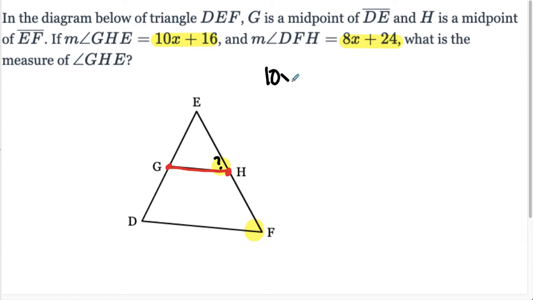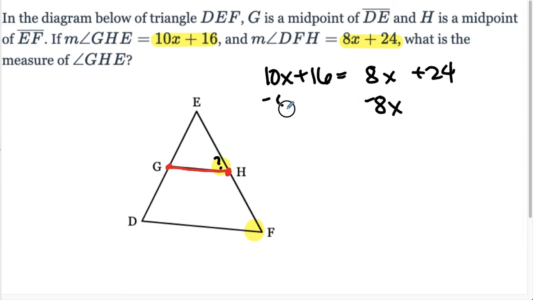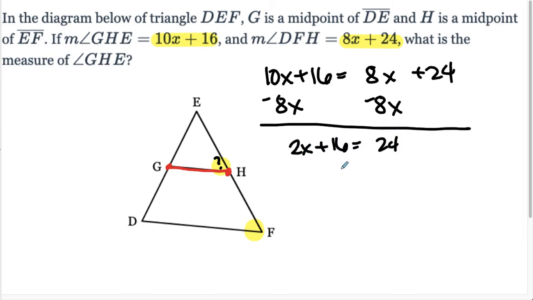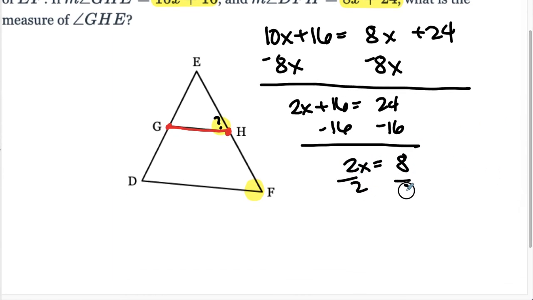If we write that out, this is what it would look like. Now we can solve by subtracting 8x from both sides, and that gives us 2x plus 16 equals 24. Then we subtract 16 from 24, and that gives us 8. Divide by 2, and that gives us 4. So we know that x is equal to 4.